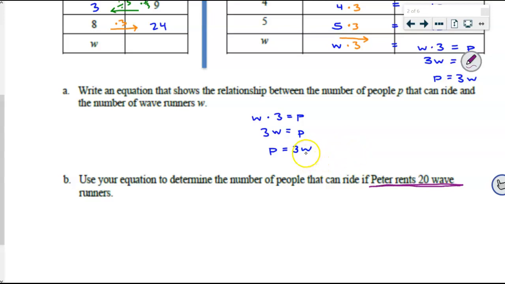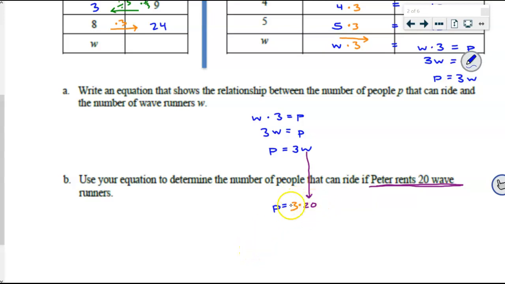What that tells me right here is that this W is no longer W. That W is 20. What do I do with that 20? Well, the equation says that W is multiplied by 3. So now that 20 is going to be multiplied by 3, and that's going to tell me the number of P, or people, that can ride the wave runners.